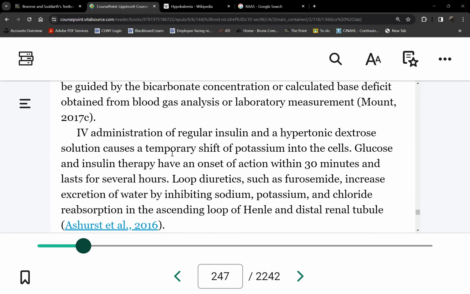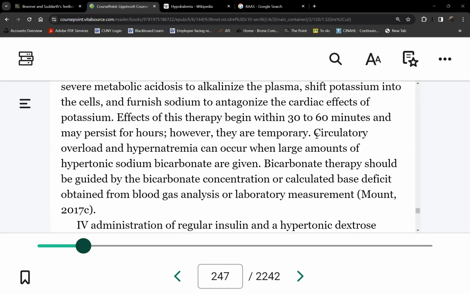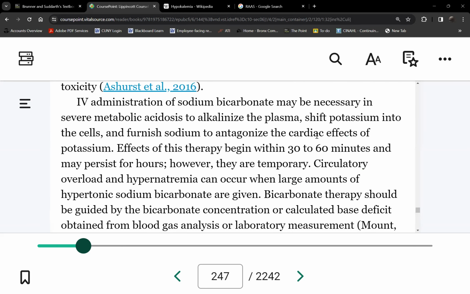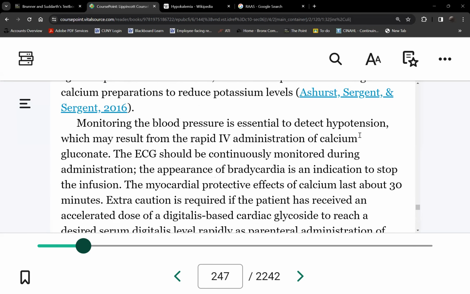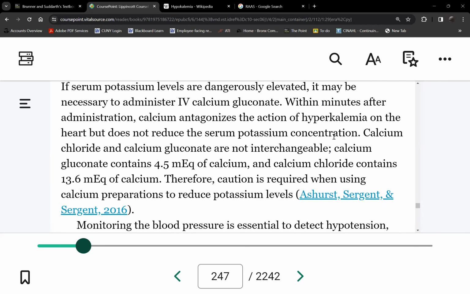The others are always subcutaneous. So look at how fast it is. Within 30 minutes, it starts lowering the potassium. Most of them say 30 minutes, right? So by that time it should be lowering, and then the patient should have full effective control after 2 hours, given the other excretion options.